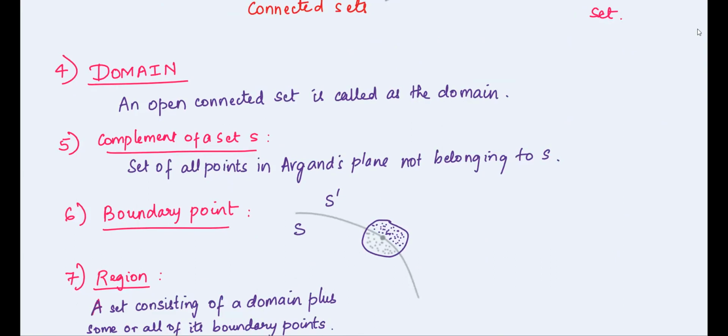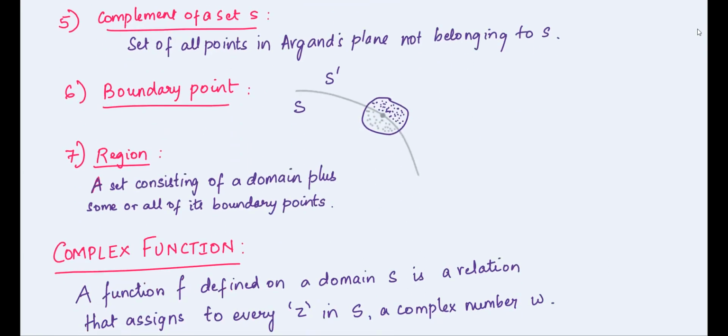And complement of a set is the set of points in the Argand plane that do not belong to S. Then how did we define a boundary point? So this one was the boundary point.